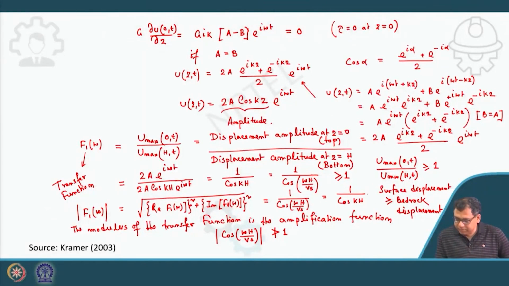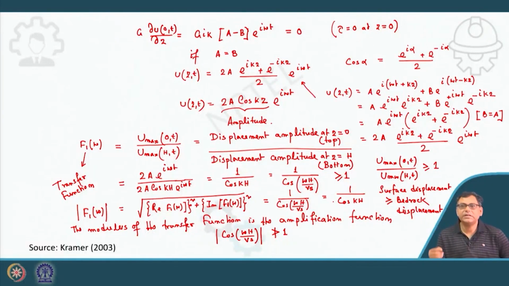This cos will be the multiplying amplification factor or the transfer function, and that will be maximum at pi by 2, because cos pi by 2 will be equal to 0. So, that will be infinite or maximum I am talking about. At pi by 2 this term will be maximum, because it is 1 by cos kh.